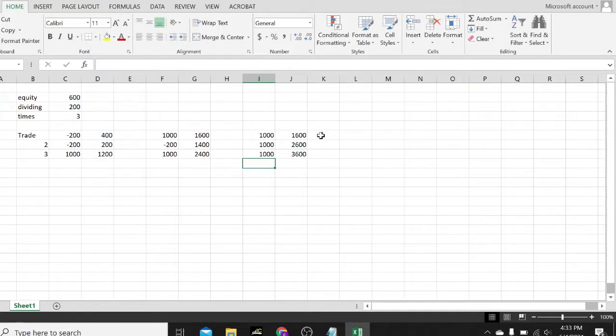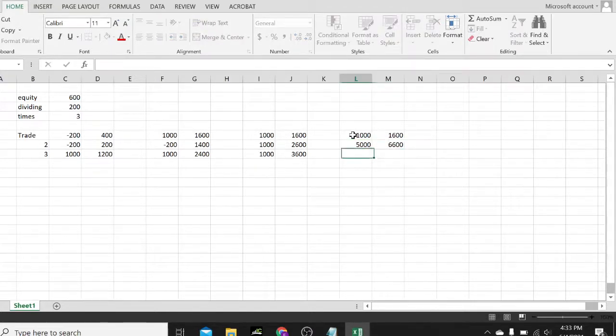And if you increment by compound interest, first trade, 1,600. The second trade, 5,000. Have 6,600. That trade maybe lose. So I'll be getting 5,600.